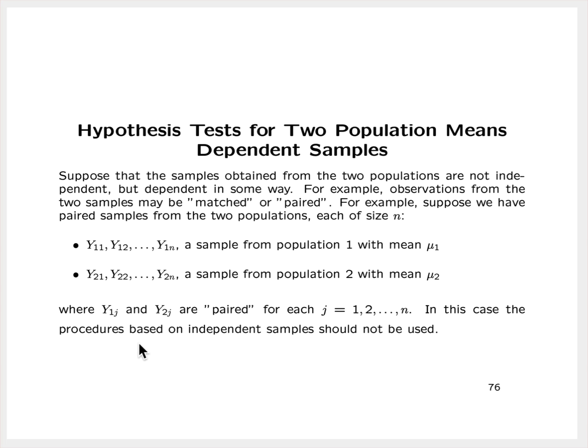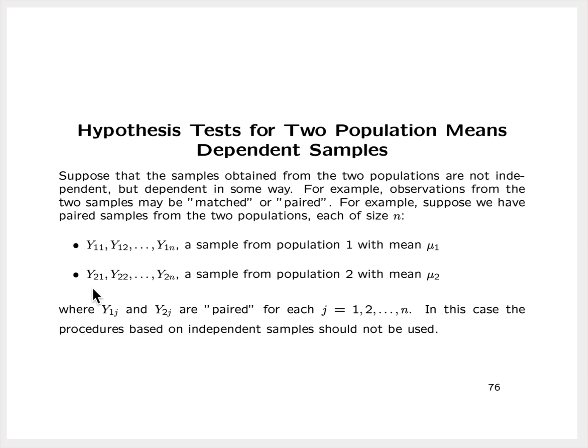And so in this case, the procedure based on independent samples should not be used because the samples are not independent. They can't be, right? We would expect that the two observations on a given subject or experimental unit may very well have a non-zero correlation.